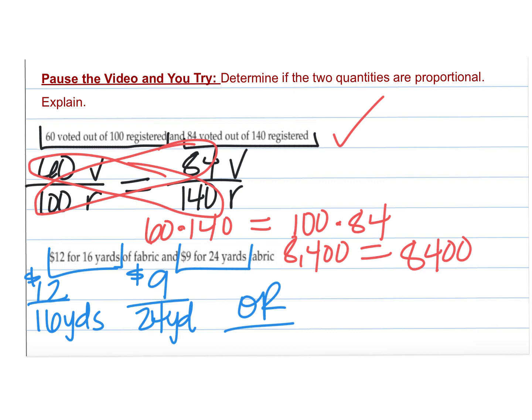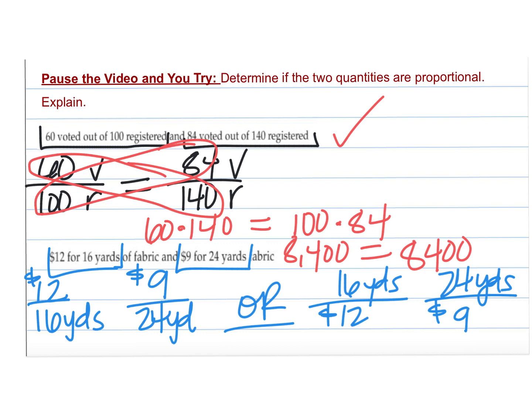Or I could do 16 yards for $12, but then I would have to make sure that I would do 24 yards for $9. Either way, we would be multiplying the same diagonals, it's just that they're in opposite places.